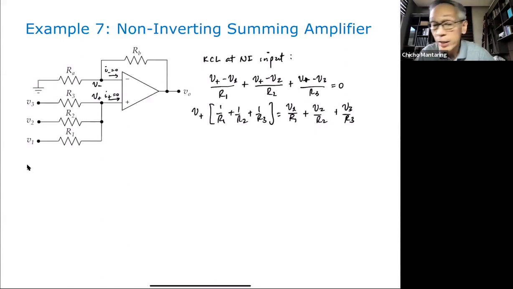And I can rewrite this in terms of conductances. I'm going to get V plus equal to G1 V1 plus G2 V2 plus G3 V3, all over G1 plus G2 plus G3.